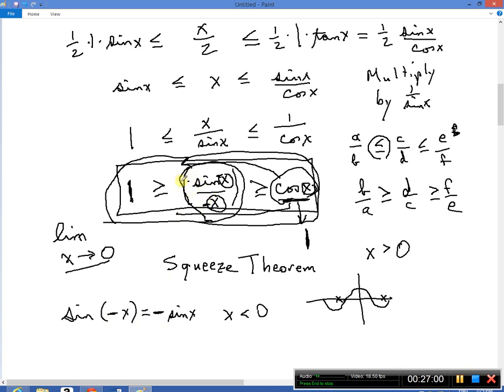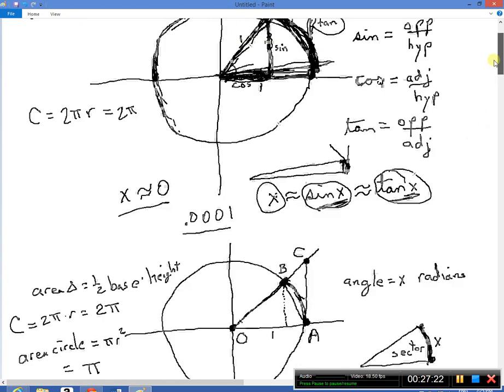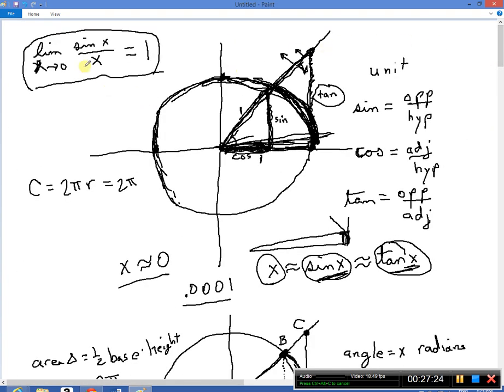And all that said means that this inequality that we have right here is true whether x is a positive or a negative number. And so that tells us that even when x is approaching 0 from the negative side, this sine x over x is still getting crushed between cosine of x and 1. And so, in fact, the limit of sine of x over x is 1 no matter what.